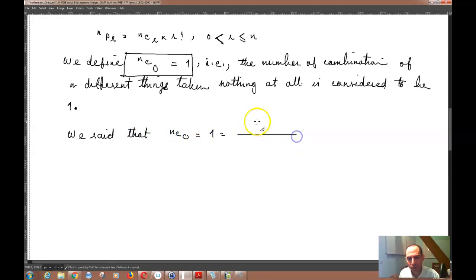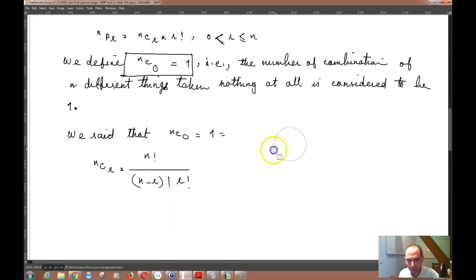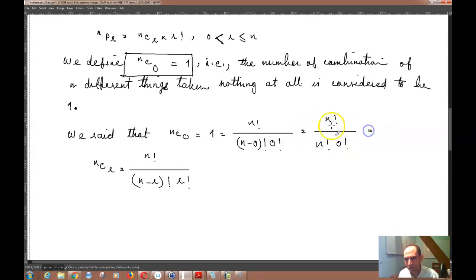Of course, you know that n combination r is equal to n factorial over n minus r factorial times r factorial, which is the same thing as n factorial over n minus 0 factorial times 0 factorial, which is the same thing as n factorial over n factorial times 0 factorial, which is the same thing as 1 over, well, 0 factorial is also 1, so 1 over 1 is equal to 1.